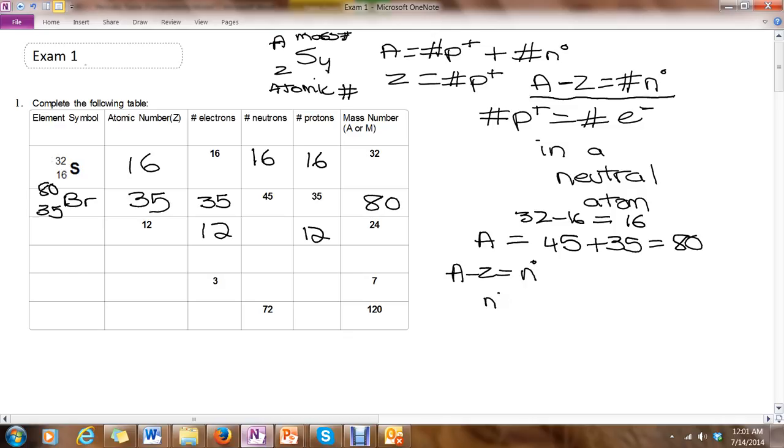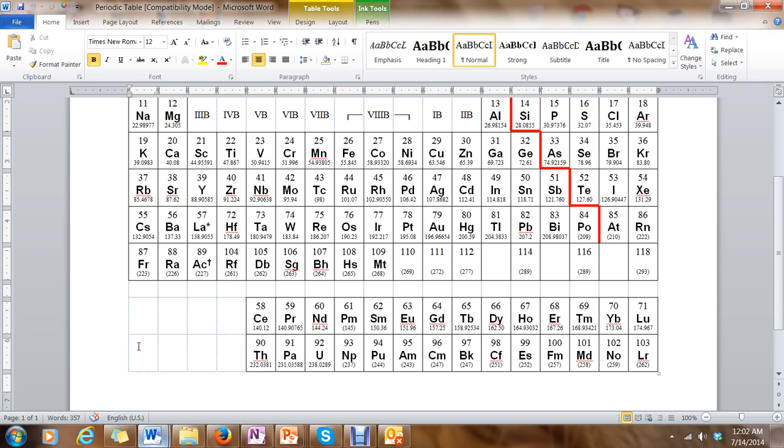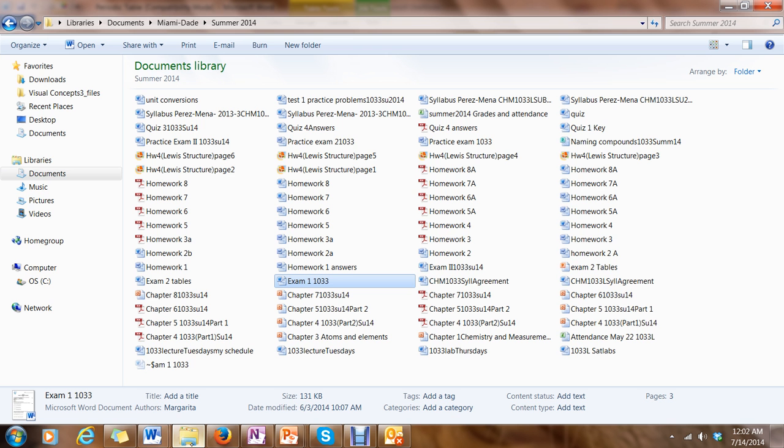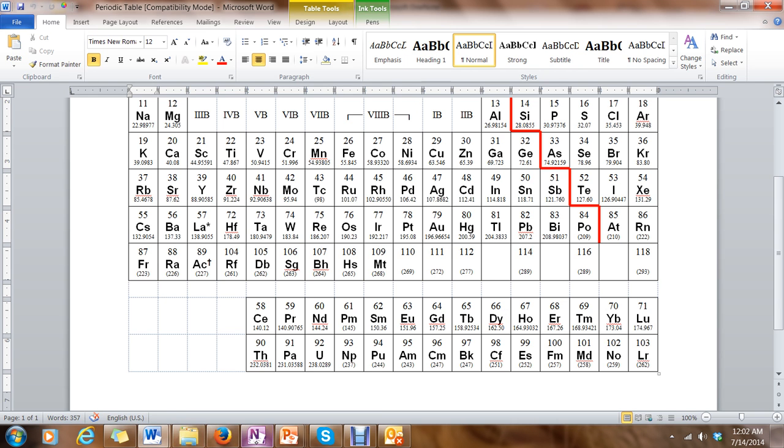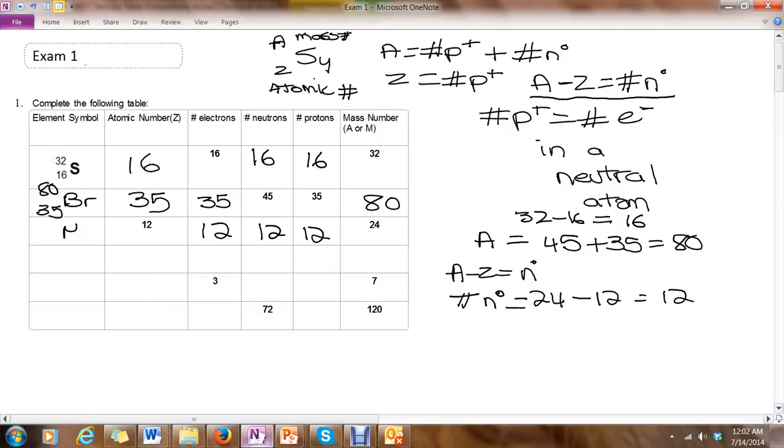So the number of neutrons would be equal to 24 minus 12, which is 12. And what is the element? We saw it already on the prior one, and it's magnesium 12. So it's going to be Mg, 12 on the bottom, 24 on top.